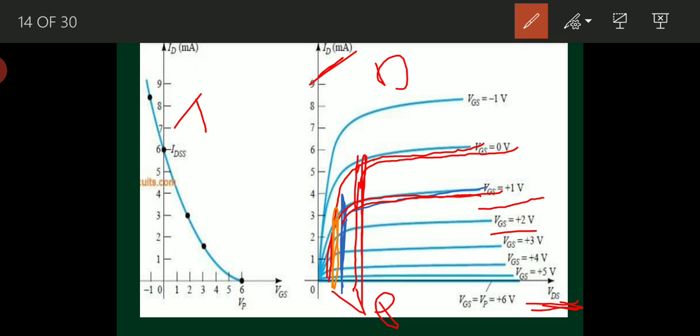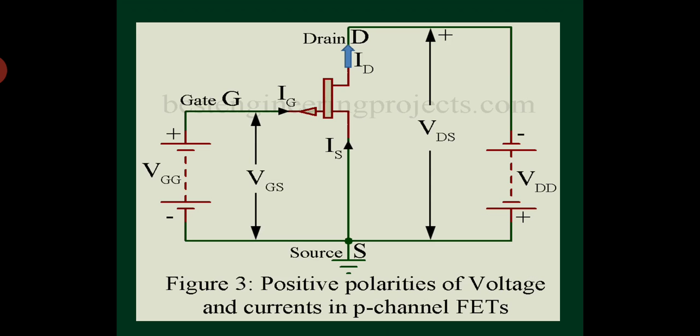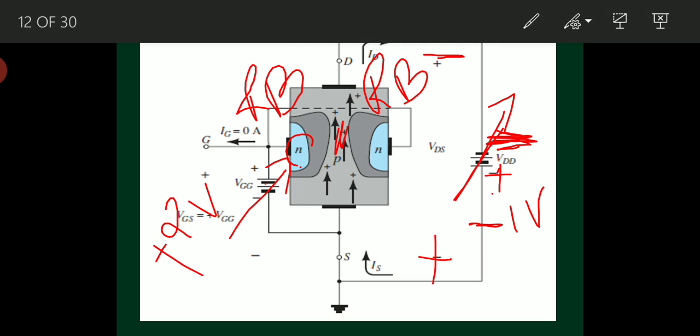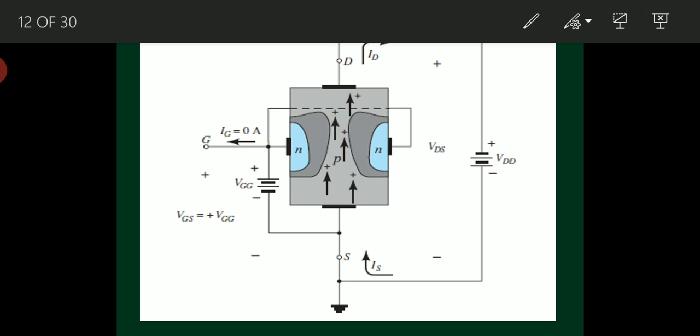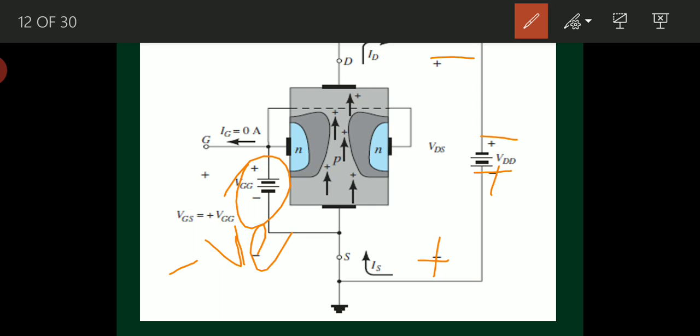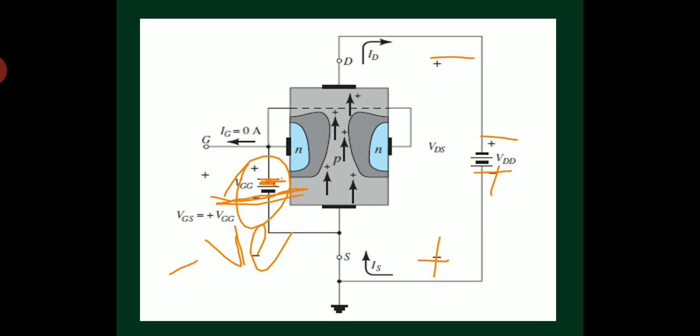Now the third case. If I decrease this VGG, if I apply some negative voltage here, this will become negative and this terminal becomes positive. So what will happen now?